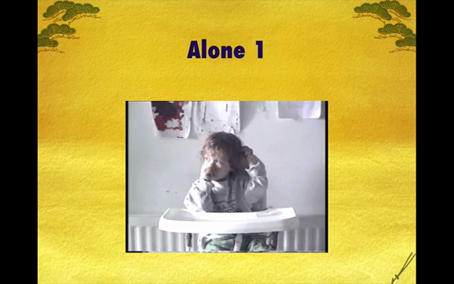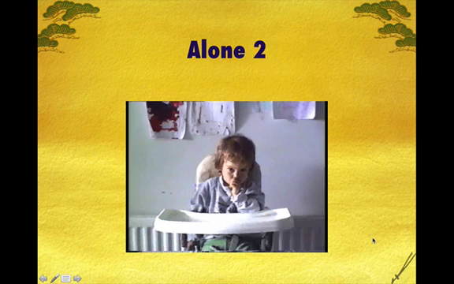I will show you all the alone conditions in consecutive order, although of course they weren't all taken in consecutive order. So you need to imagine that these are taken at various times of the day or at various days.